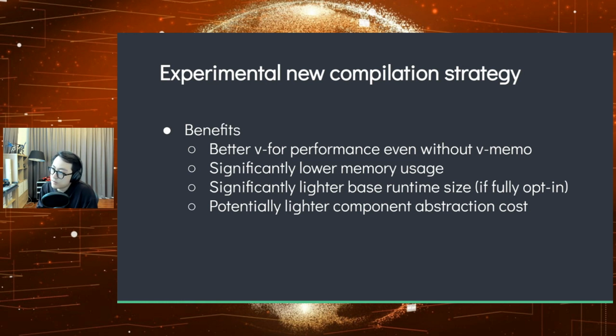We're also seeing a significantly lighter base runtime size when you fully opt into this strategy, because this code generation strategy allows us to drop a lot of the virtual DOM specific logic and have a very minimal runtime. There's also the opportunity to explore lighter component abstraction costs, so that each component instance will be less costly to create. So you have to worry less about using component abstractions in code design.